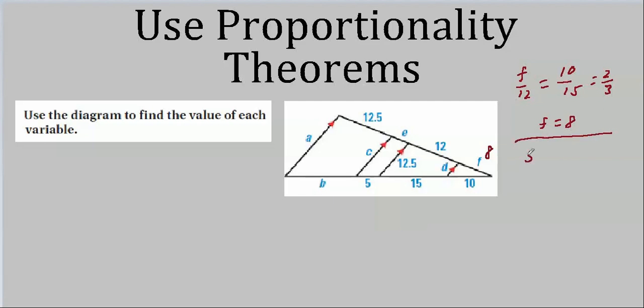We have 5 over 15 equals E over 12, or 15E equals 5 times 12, which is 60, but 4 times 15 is 60, so E equals 4.